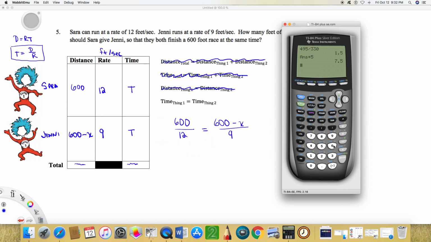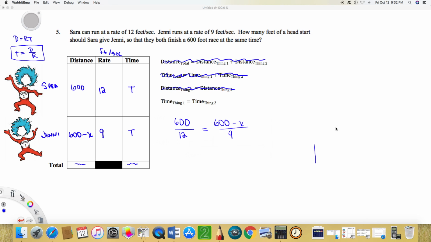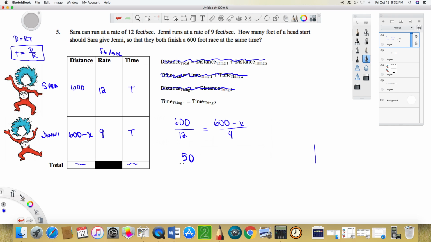I'm a little bit tired this evening. Oh, yeah, 50. Oh, I should have seen that. 5 times, yeah. All right. 50 and 600 minus x. If we cross multiply, then we have 600 minus x.